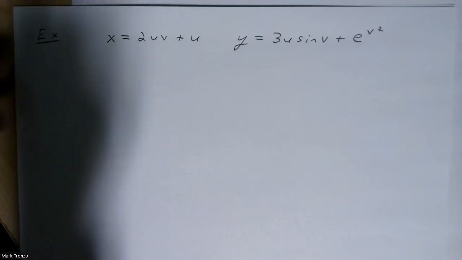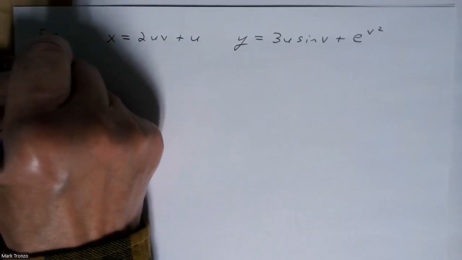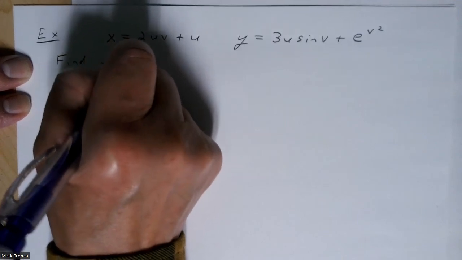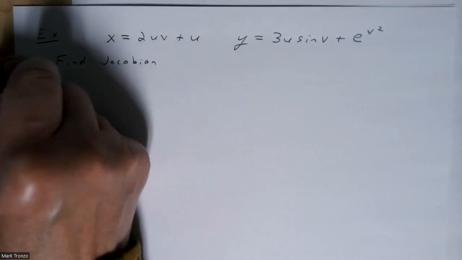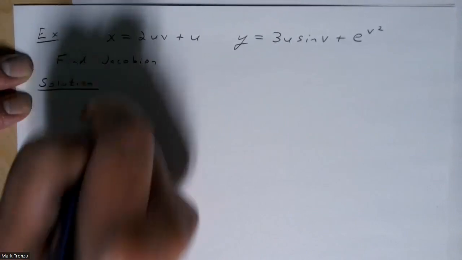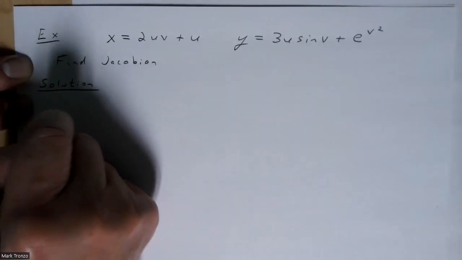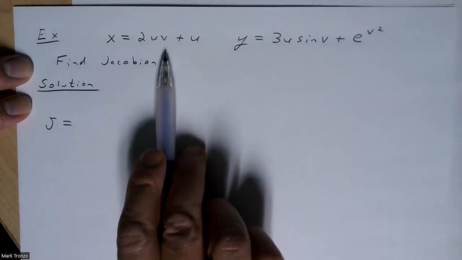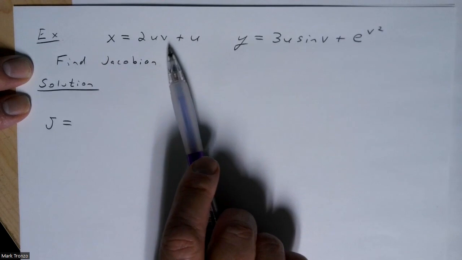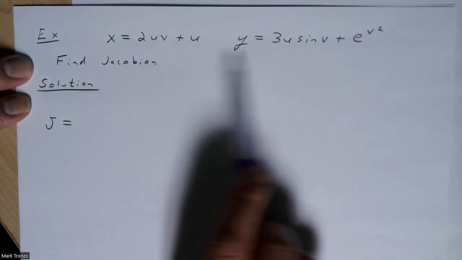So if we want to find the Jacobian, in this case we could either name these F1 and F2, or name them G and H, or whatever they sometimes do.